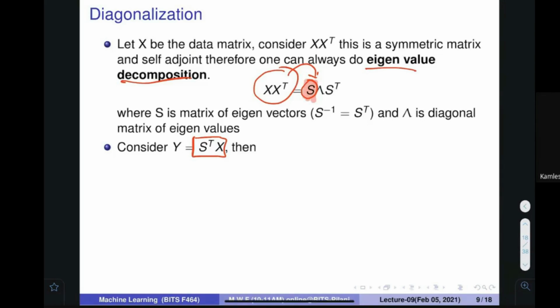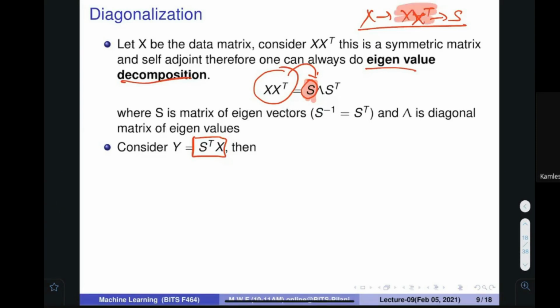If X is given to you, you can find X transpose, and from this you can find S. This part is clear? Can you write yes? Nobody is writing yes. Naman? Yes? Yeah. So this part is clear.